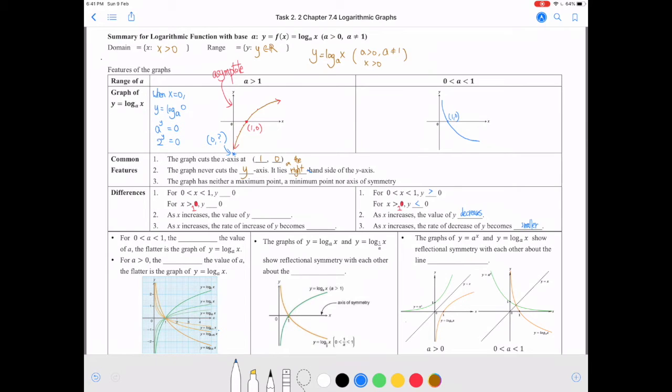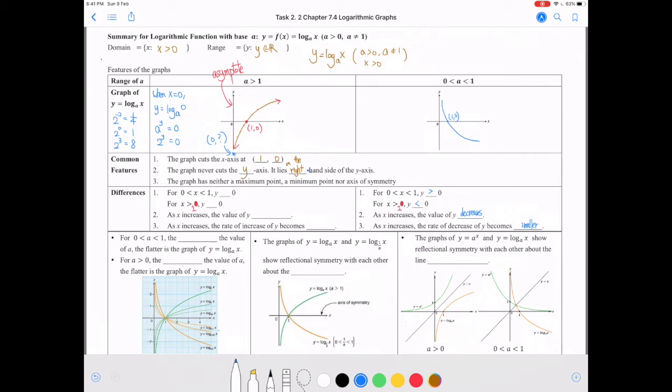Let's say y is a negative number, maybe negative 2. 2 to the power of negative 2 will be 1/4, a quarter. So it's still a positive number. How about y is 0? 2 to the power of 0 is still 1. Or if y is a positive number, let's say 3, then 2 to the power of 3 will be 8.